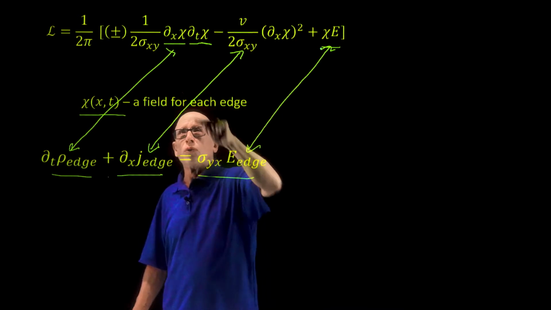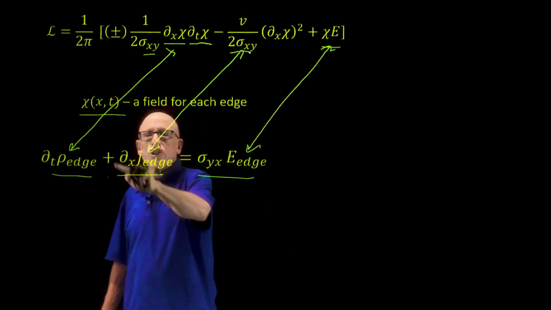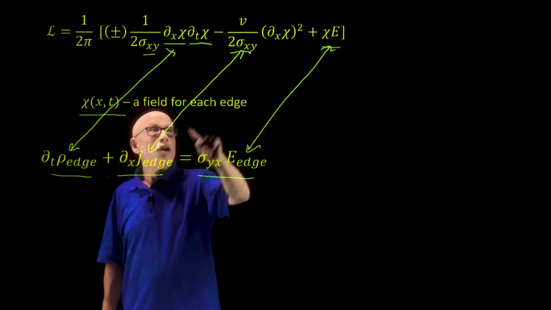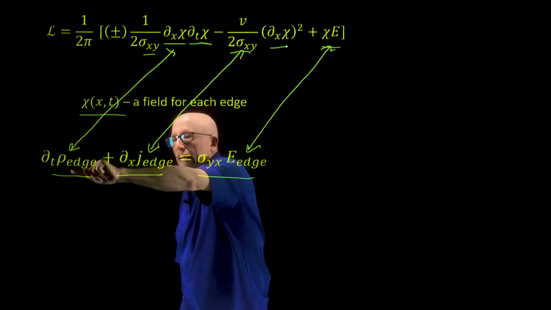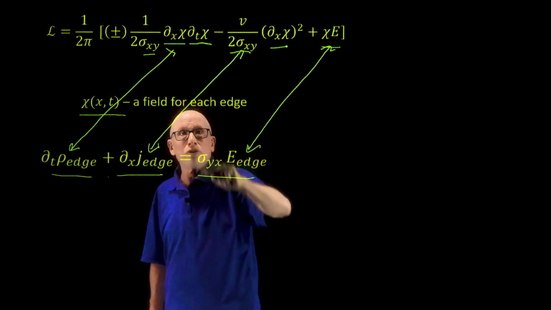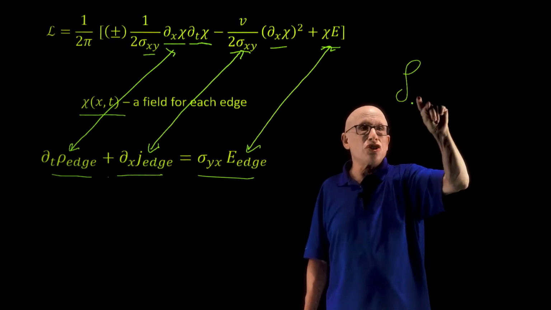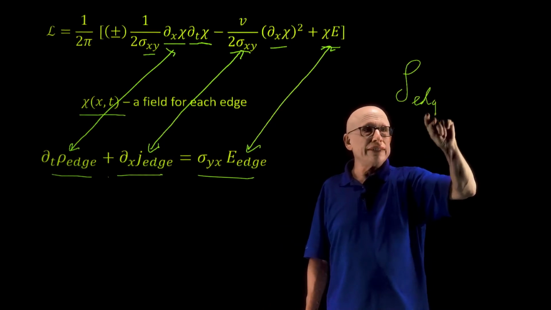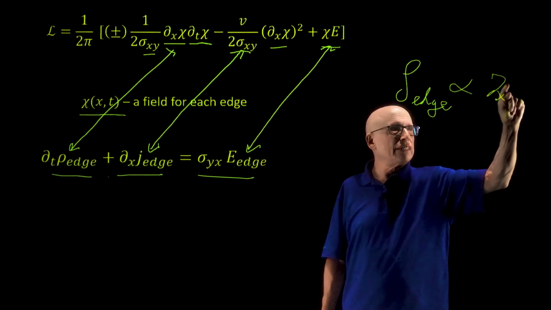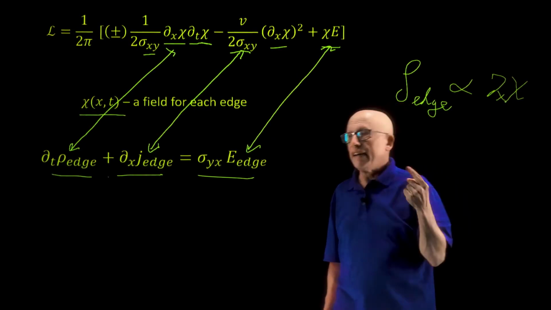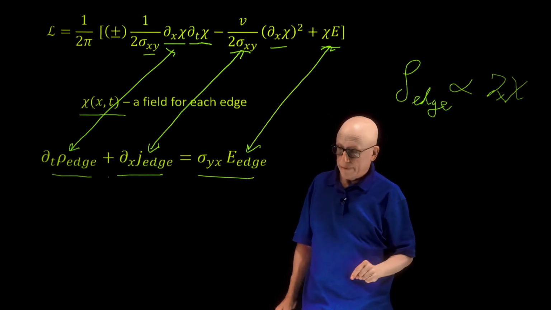Sigma xy or yx will occur from these terms. The position derivative of the current will come out of this, and the time derivative of the edge density will come out of this. And this combination suggests to us that the edge density should be proportional to dx of chi, and the current should be proportional to this multiplied by the velocity.